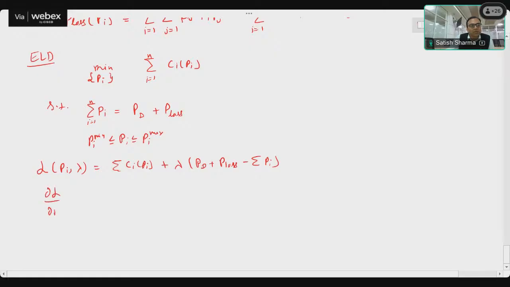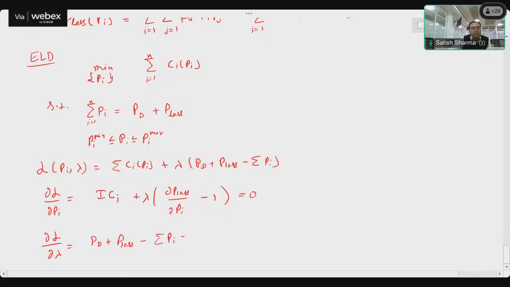Delta L upon delta Pi will be the incremental cost of the ith generator, the very first term, plus lambda times (delta P loss upon del Pi, because this loss function is also a function of the different Pi's, minus 1). So this is our condition, and we can solve it further. And delta L upon delta lambda is nothing but our same power balance equation. So it is PD plus P loss minus summation of Pi equals 0.